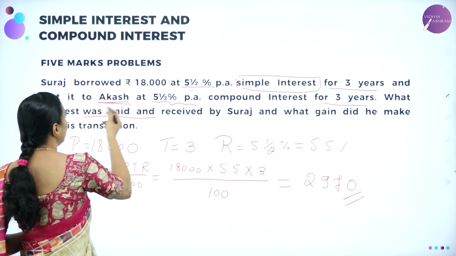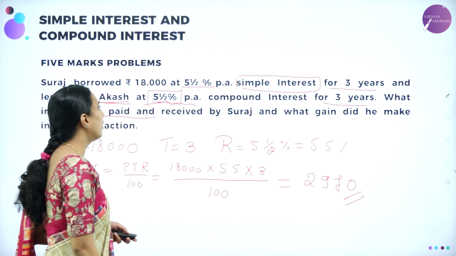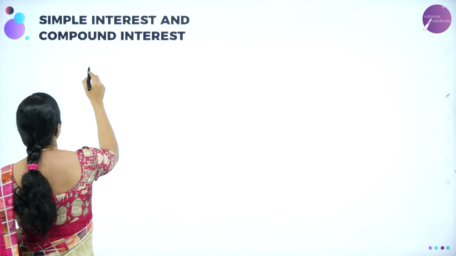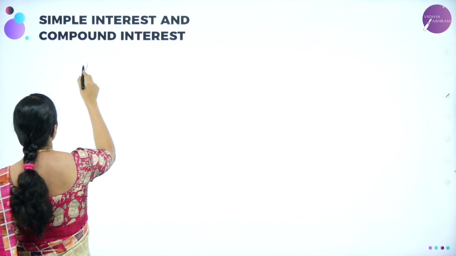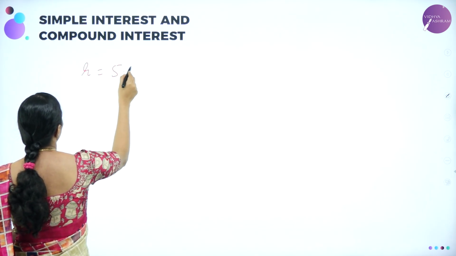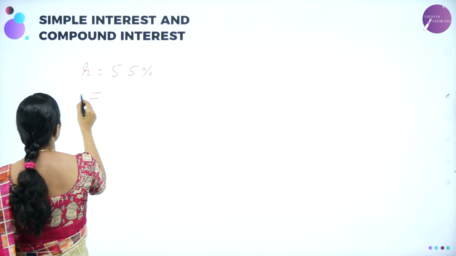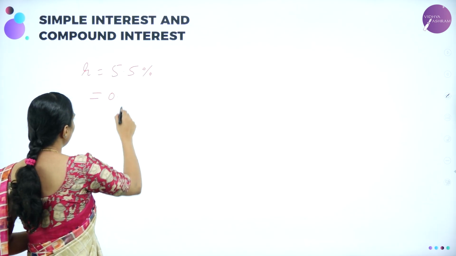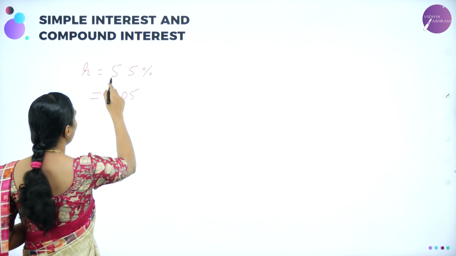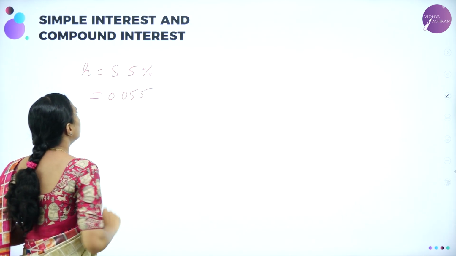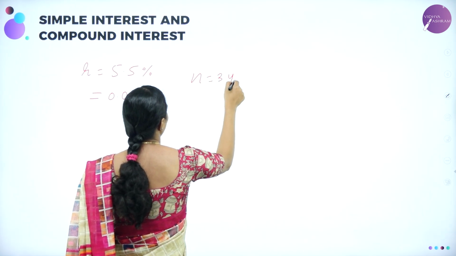Now again, he lent it to Akash at 5.5%. Therefore, the same P is equal to 18,000 and here R is equal to 5.5%. So therefore, you can write this one as 0.055. And then they have lent for n is equal to what? 3 years, right?